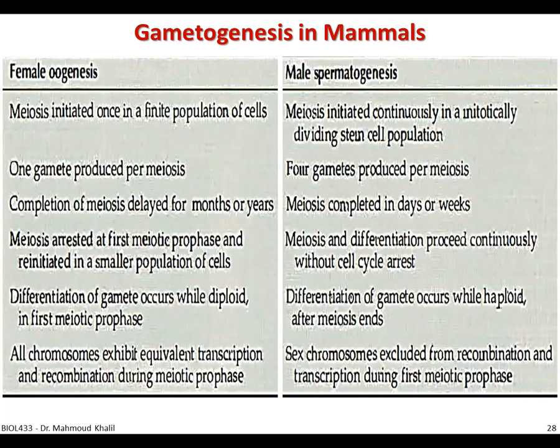While in males, the sex chromosomes are XY. So if recombination occurred between these sex chromosomes, it would distort the genetic material. That's why sex chromosomes during meiosis in spermatogenesis don't undergo recombination. Otherwise, regions of the Y chromosome would be translocated into the X chromosome, and regions of the X chromosome would be translocated into the Y chromosome.